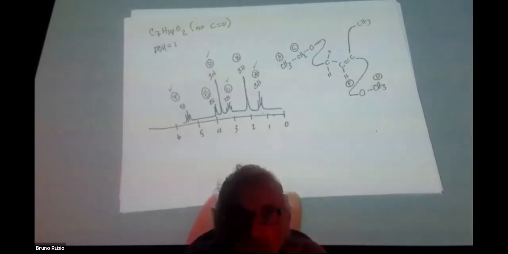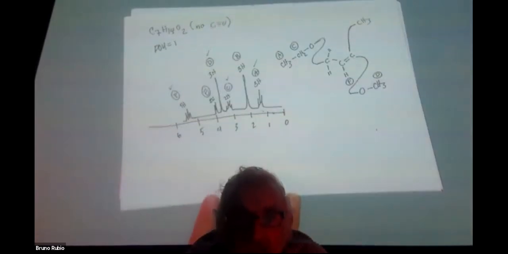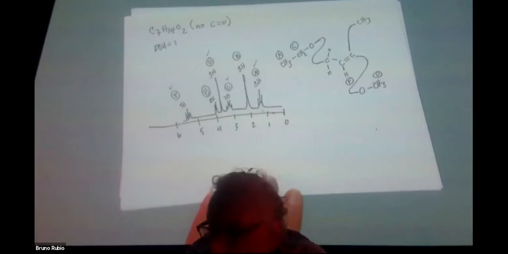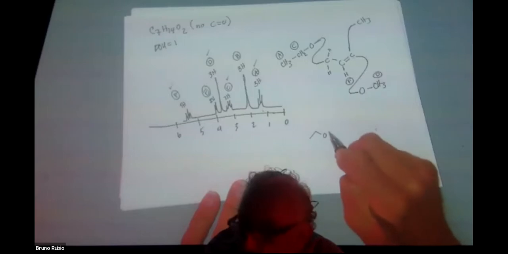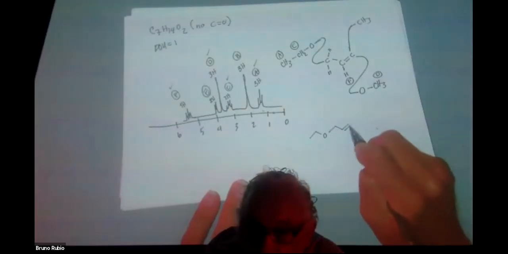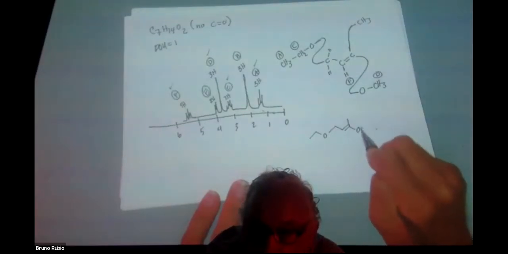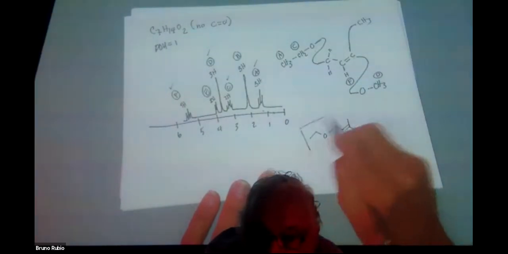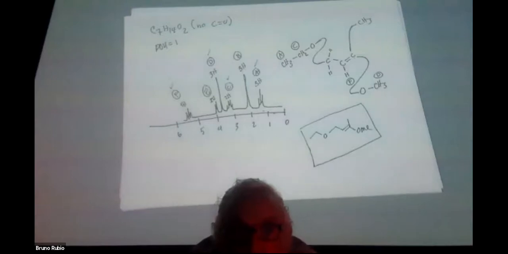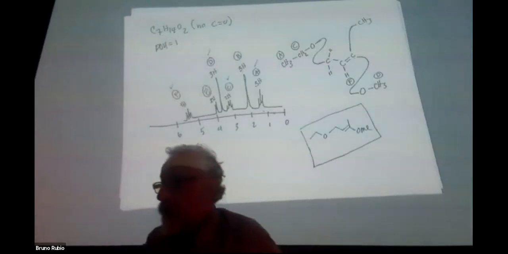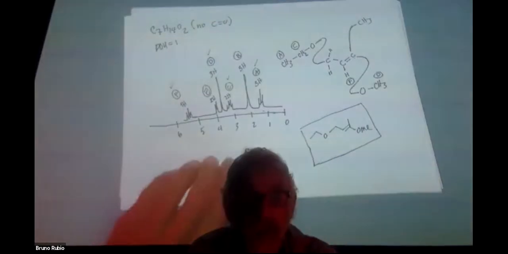But I'm thinking that's a very reasonable deduction of the structure. So written out in a pretty way, I would get that. Okay, so there's my spectrum. There's my structure.